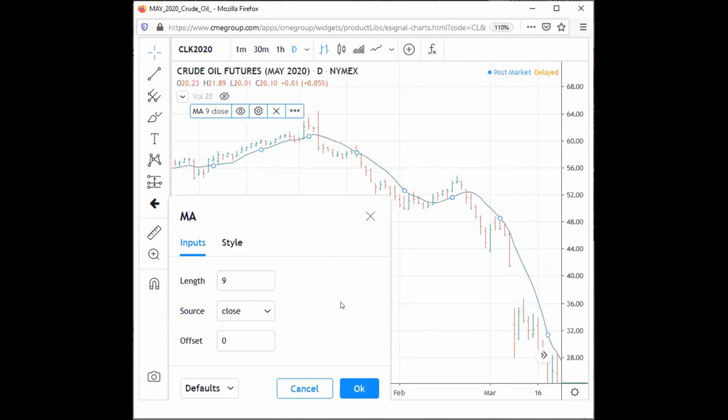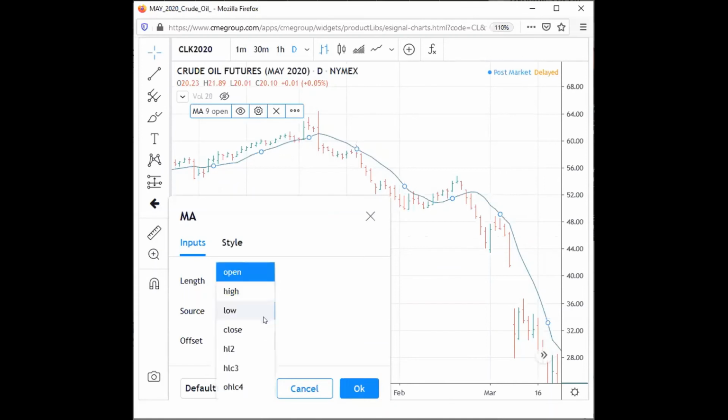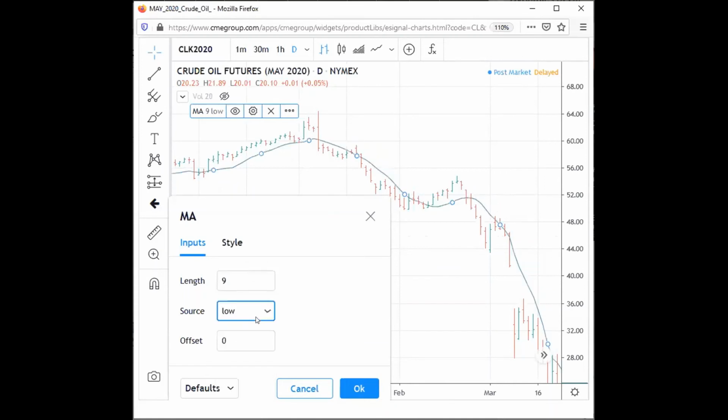Okay, here are a few things that I wanted you to know. You can change this. This moving average is calculated based on the close price. You can change it to open, high, low, or any of those, or you can change it to this, which is high and low divided by 2, the average of high and low.